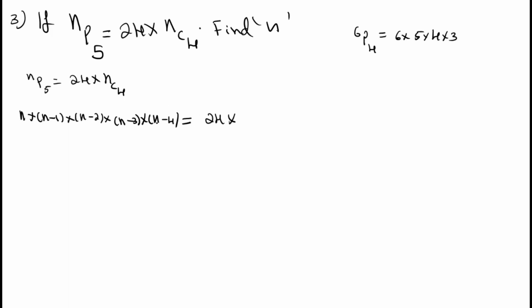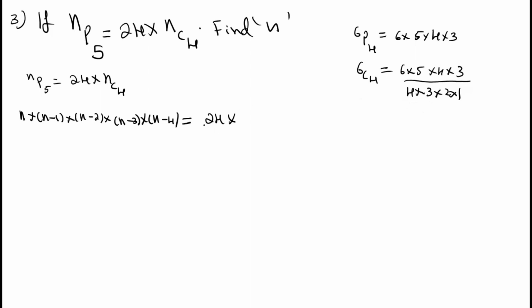into nC4. Suppose 6C4 is there. How to calculate 6C4? First numerator 6, 4 numbers in the numerator, 4 numbers in the descending order. That is 6 into 5 into 4 into 3 divided by 4 factorial, that is 4 into 3 into 2 into 1. For permutation, no division by r factorial, but for combination, division by r factorial is there.